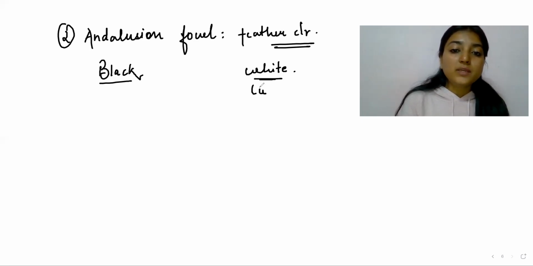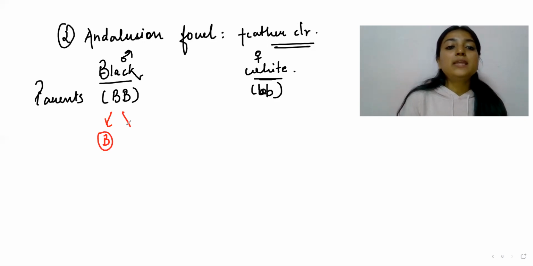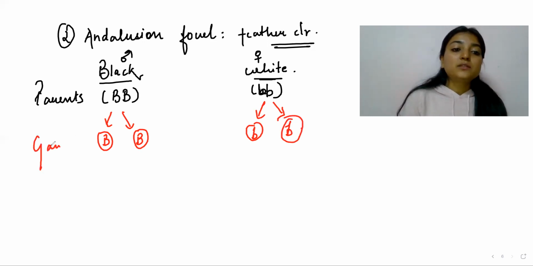So this will be small b, here it will be capital B, capital B. Again, these will act as parents over here. Let us write this as a male, this as a female. Now the gametes which will be produced will be capital B, capital B, and small b and small b. So these are the gametes.